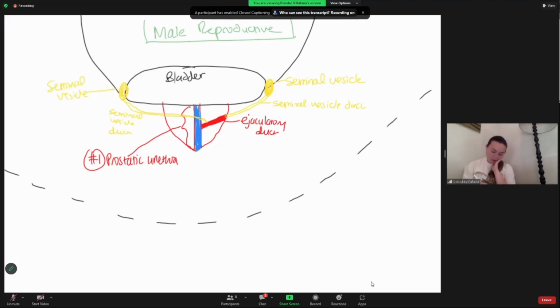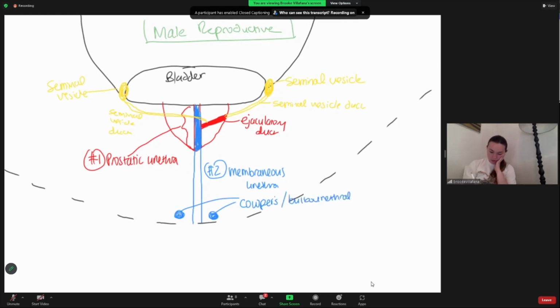So you have your part of the urethra that's inside of the abdominal wall, which we know is the part number 2, membranous urethra. That's inside of the abdominal wall. On either side here are the Cowper's or bulbourethral glands.